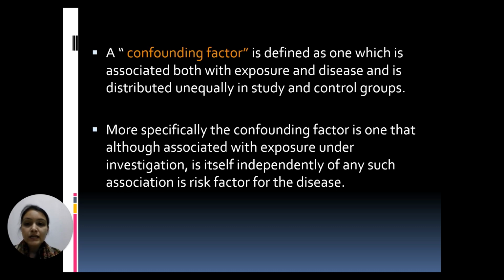The next important point is the confounding factors. A confounding factor is defined as one which is associated with both exposure and disease, and is distributed unequally in study and control groups. More specifically, the confounding factor is one that, although associated with the exposure under investigation, is itself an independent risk factor for the disease.